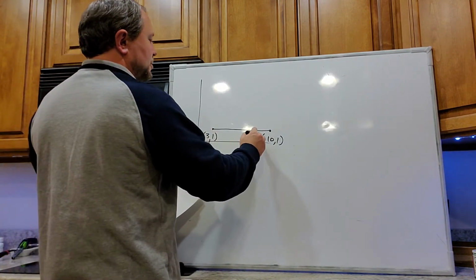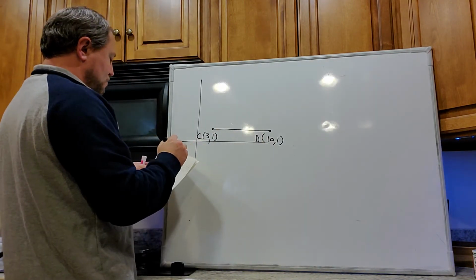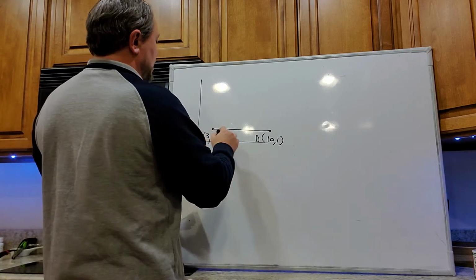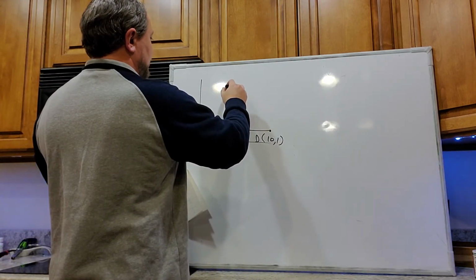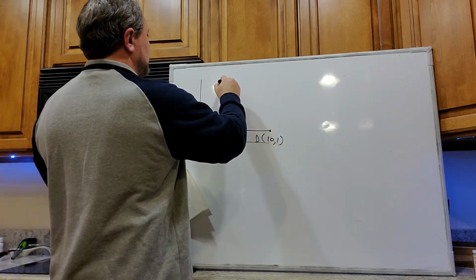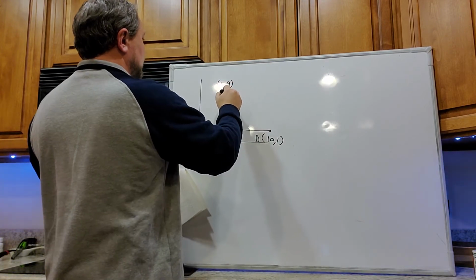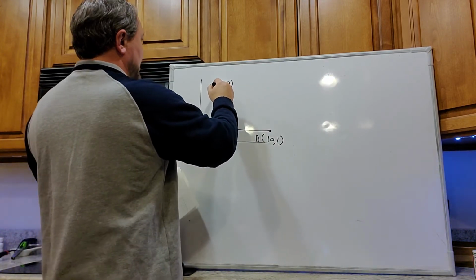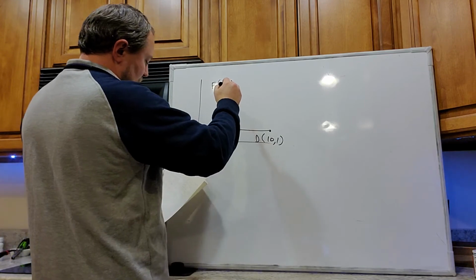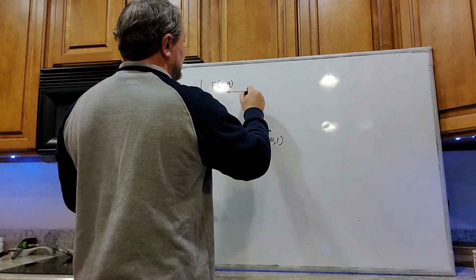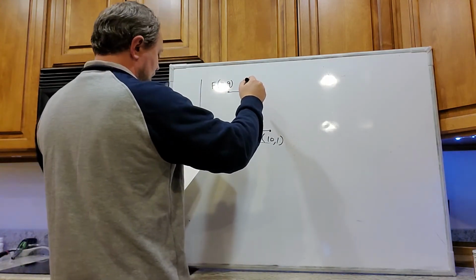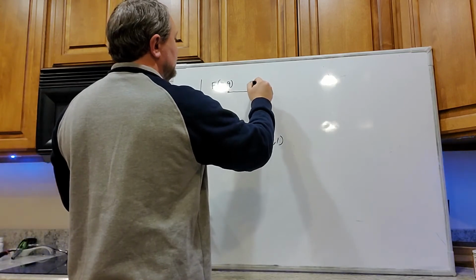That's C, this is D. Up here at 5, 9 is a point F. And a point E then is going to be over here at 7, 9.